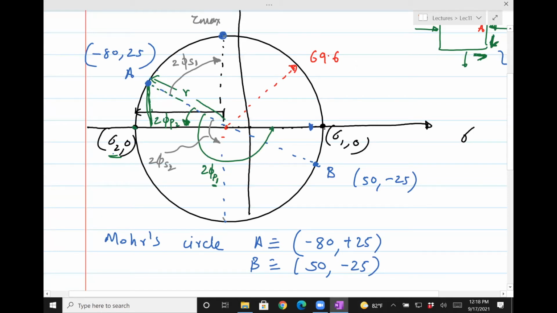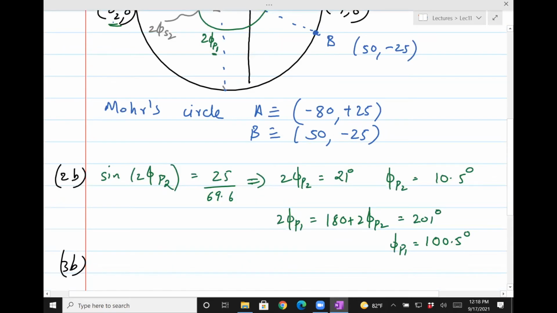You can see that this is R, and if I want to find this angle, the easiest way seems to be that the angle between 2 phi S1 and 2 phi P2 is 90 degrees. So it's clearly going to be 90 minus 2 phi P2. You can see that this angle is 90 degrees, and so I just need to subtract 2 phi P2 from 90.